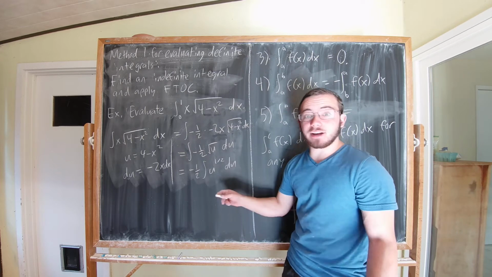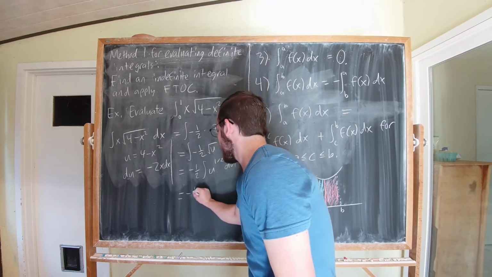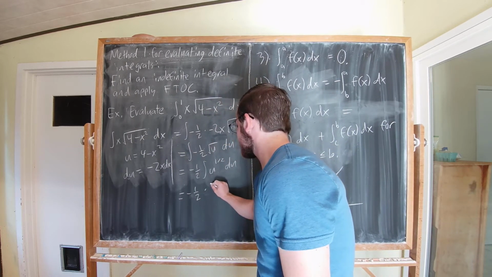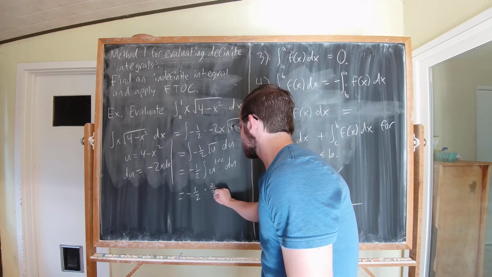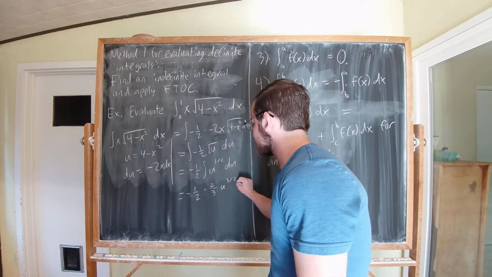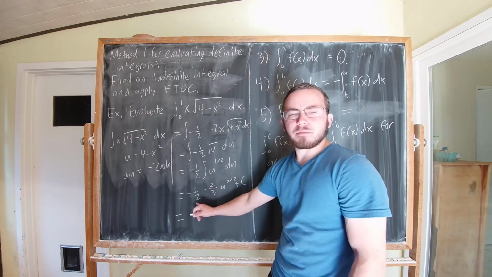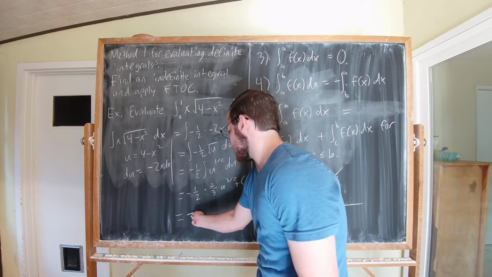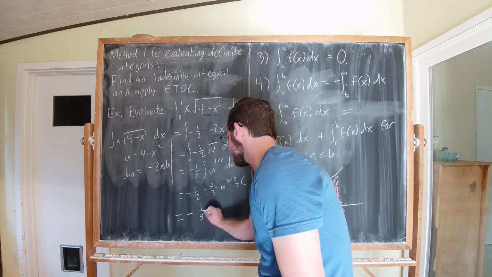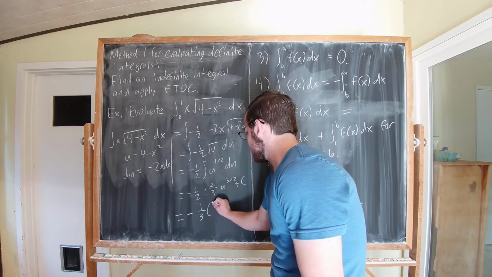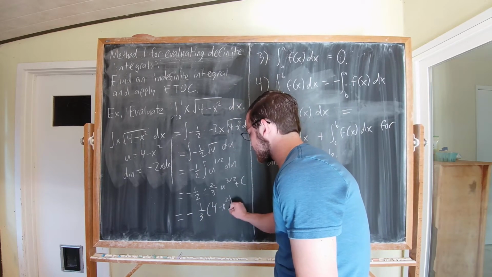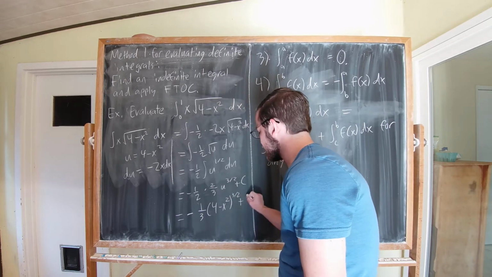Power rule then tells us this is negative 1/2 times 2/3 u to the 3/2 plus c. Multiplying those and substituting in gives us -1/3 times 4 minus x squared to the 3/2 plus c.